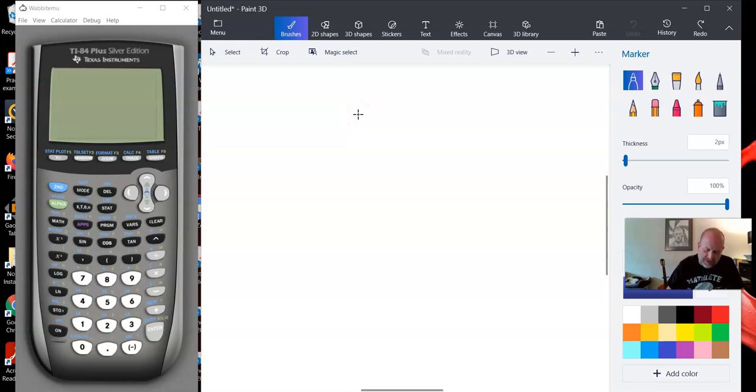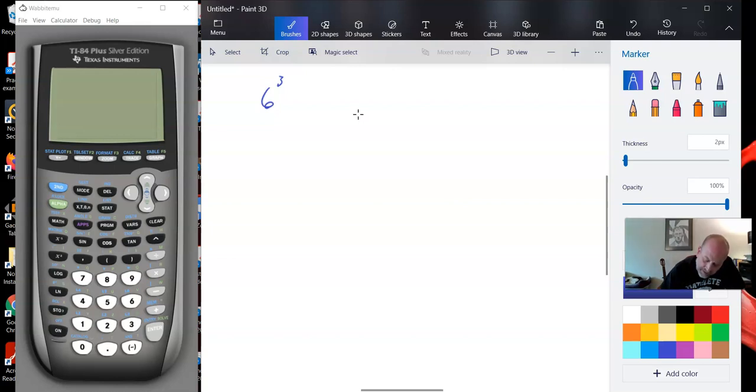What I want to do is just look at computing a few things on the calculator. Most of the time we're used to our exponents being rational numbers. At the very worst, it's a fraction or something like that. So let's start with something like 6 to the third, which should come out to 216, I believe.